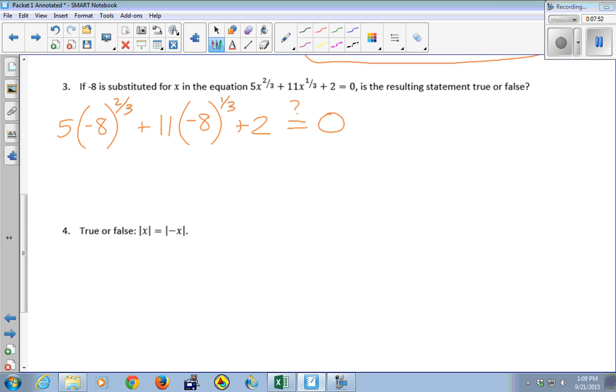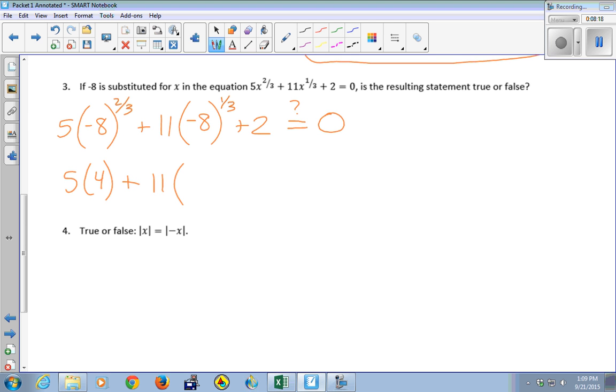So I want to take the cube root of -8 and then square it. So what's the cube root of -8? -2, yeah, because -2 times -2 times -2 is -8. And then when you take -2 and square it, what do you get? 4, because -2 times -2 is 4. So this becomes 5 times 4.